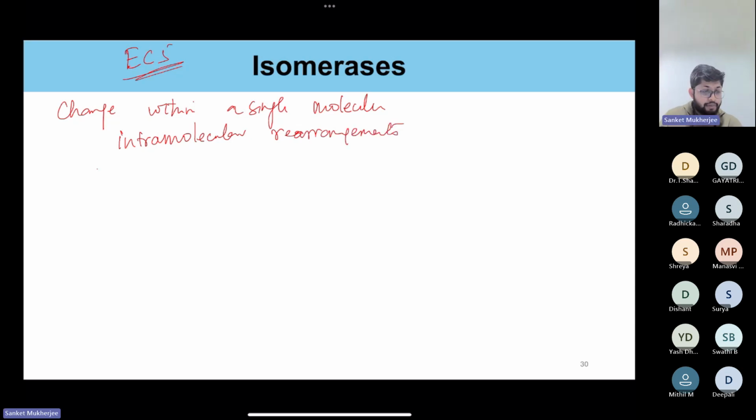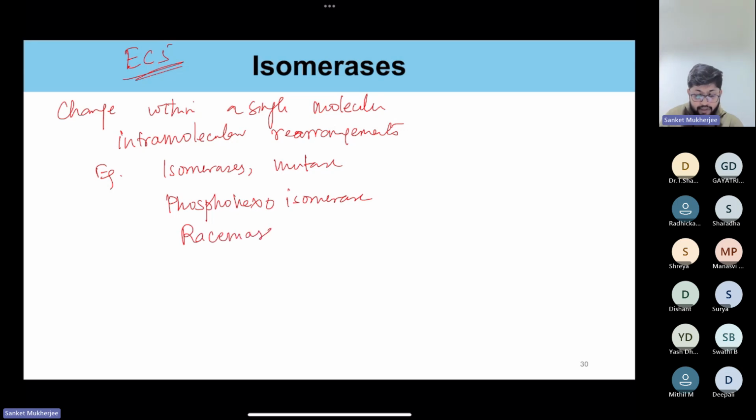Examples are mutases, for example phosphohexose isomerase, and racemases like alanine racemase. These kinds of enzymes are examples of isomerases, right? Isomerases also have classification.